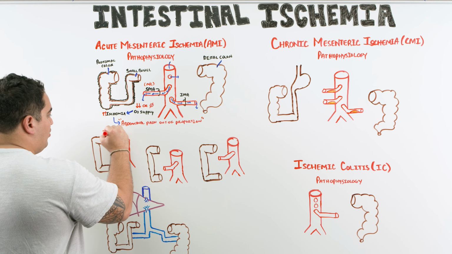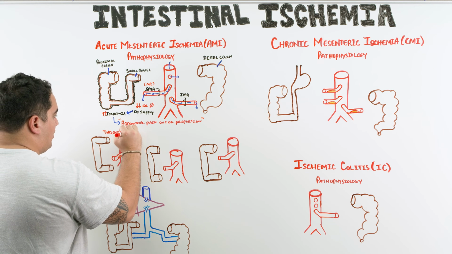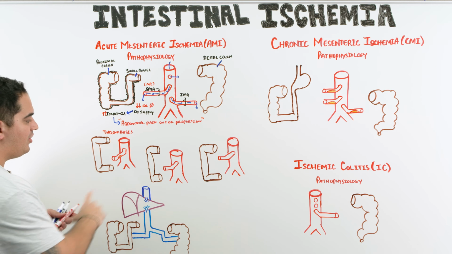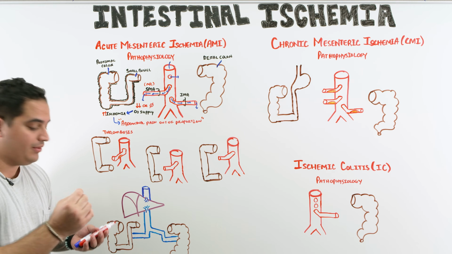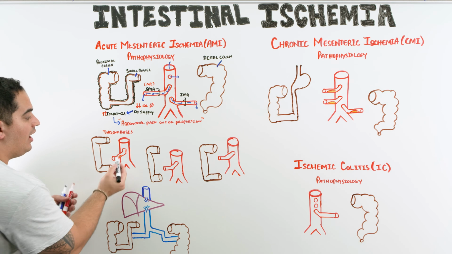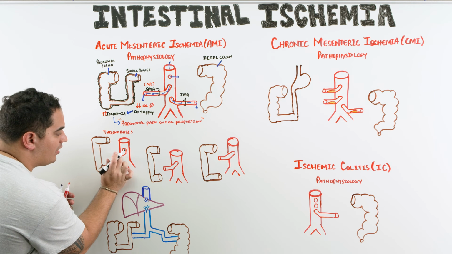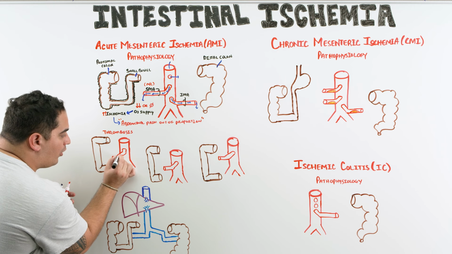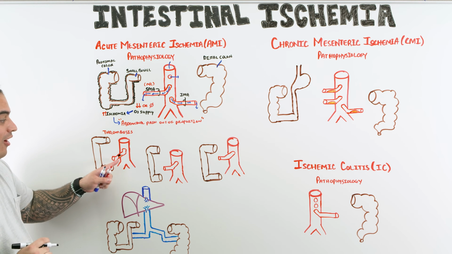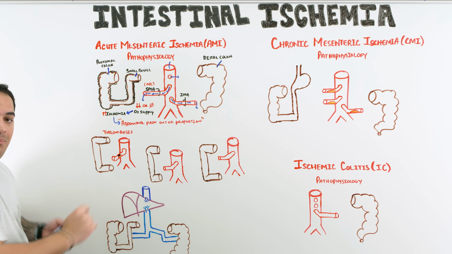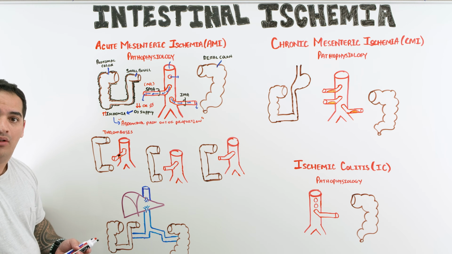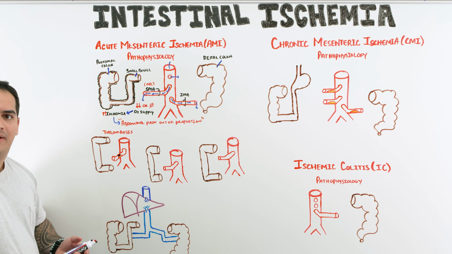One is it could be due to thrombosis. Pretty straightforward. Imagine here you have an atherosclerotic plaque, so patients who have atherosclerosis, and you cause a thrombosis. So you fissure that plaque or you rupture it and then you clot off that actual plaque. If I clot off that plaque, am I going to get any blood flow to this actual small bowel, which is the most profoundly affected one?